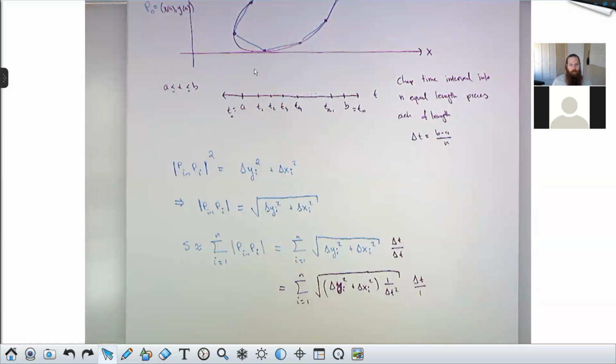So we've seen this before. If I treat this as the square root of delta t squared, I can move it inside the square root.